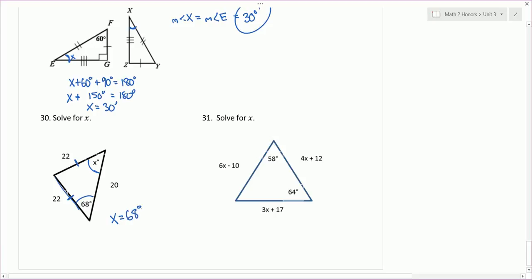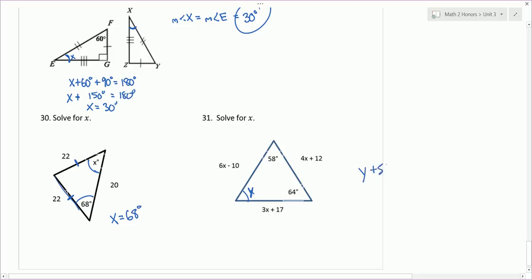For 31, nothing seems obvious yet, but let's find our missing angle. Let's call it angle x for right now. Oh, don't use x, actually. X is already used. Let's say angle y.